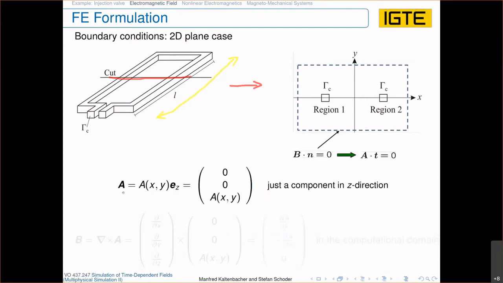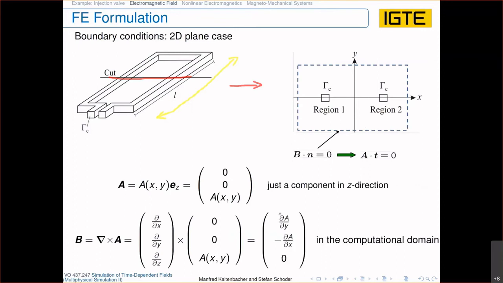When we take the curl of such a vector, which we already have done before, then clearly we get out a magnetic field which is within the computational domain. As you can see here, we have the partial derivative of A with respect to y and the negative partial derivative of A with respect to x as the y component, and clearly we have no z component. And that makes sense, so the magnetic field clearly lives within our computational domain.